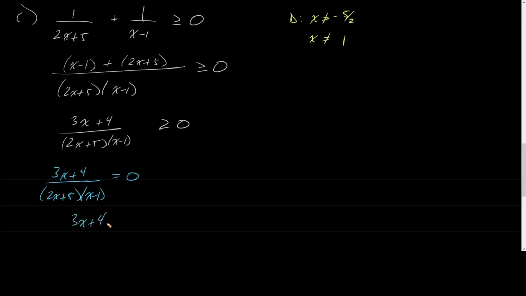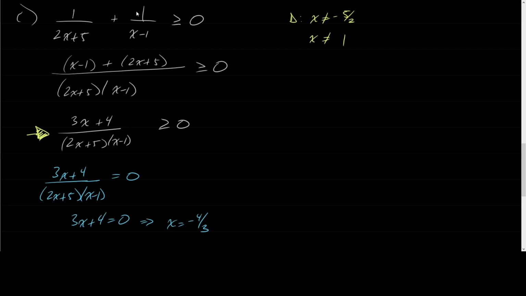The only possible way for that to happen is if the numerator itself is equal to 0, which then tells us that x is equal to -4/3. So we're going to have to test around this as well as around these values. And by the way, we're going to test them into this line, the most reduced simplified line.